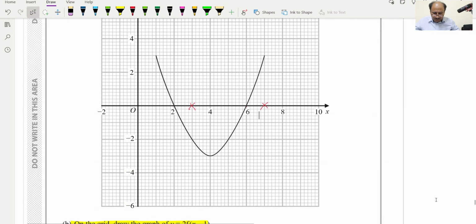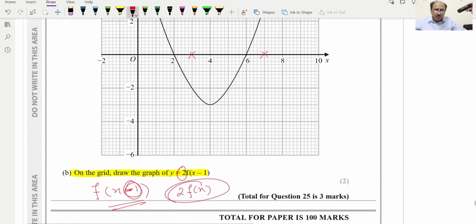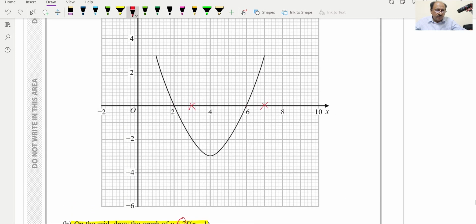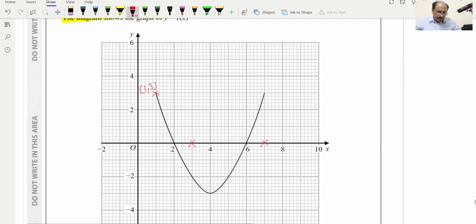Okay, so next is this 2 portion, which is 2f(x). 2f(x) means a y-axis stretch by a factor of 2. So if we write the coordinates of this one as 1 and 3, and multiply by 2, we will get 2 and 6.